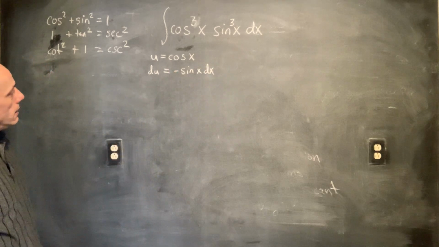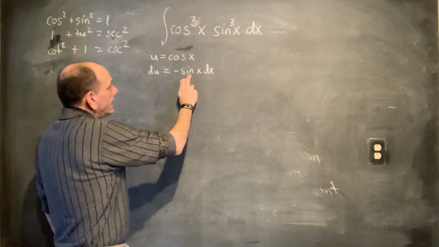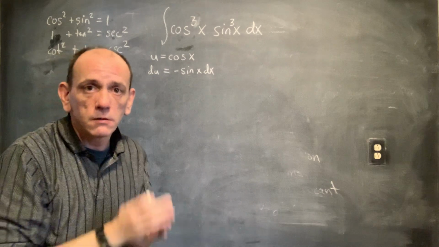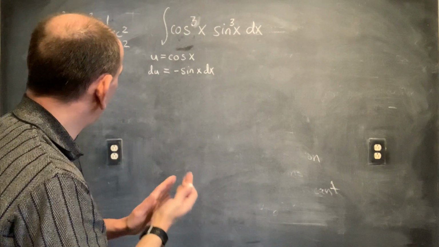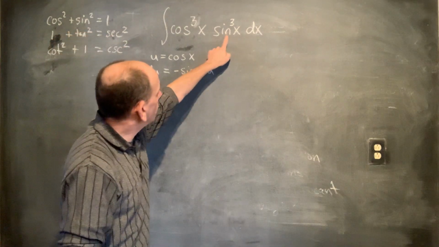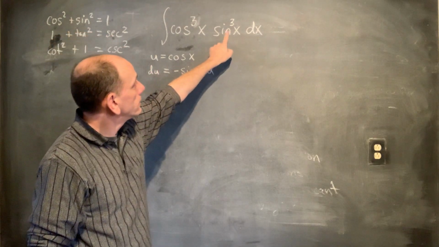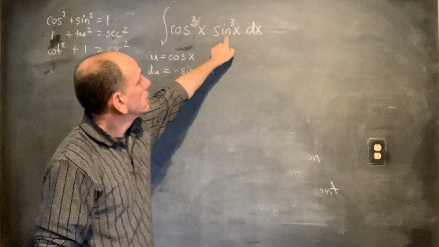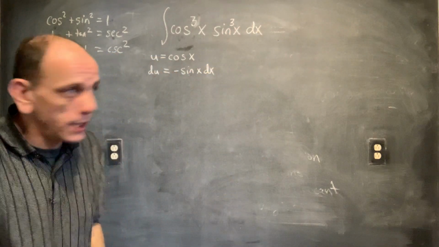Negative doesn't bother me. So I need a sine x for my du. I'm going to take one of these sines and hold it off for du.